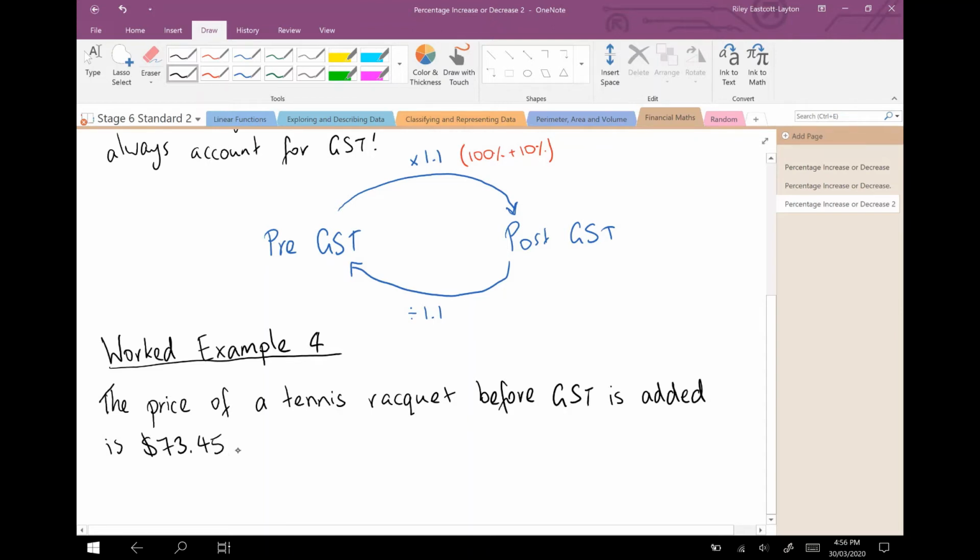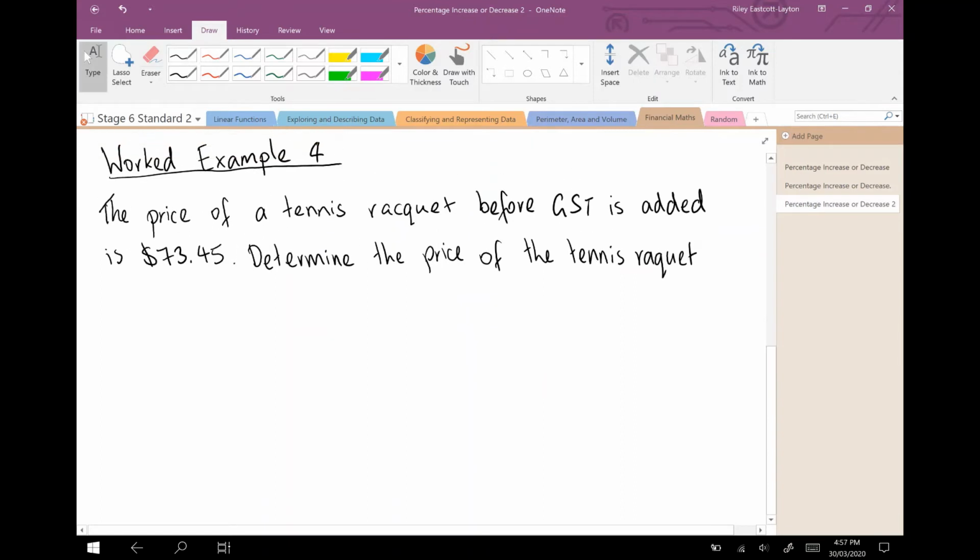And we need to determine the price of the tennis racket after the GST is added.